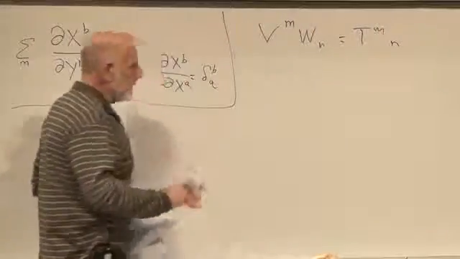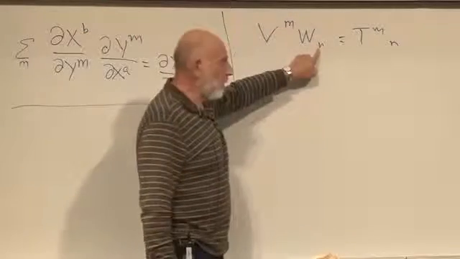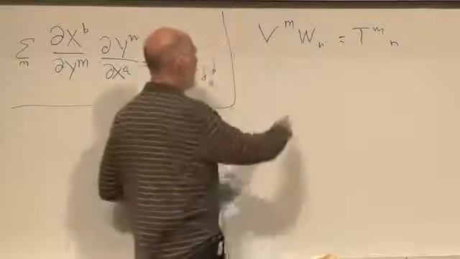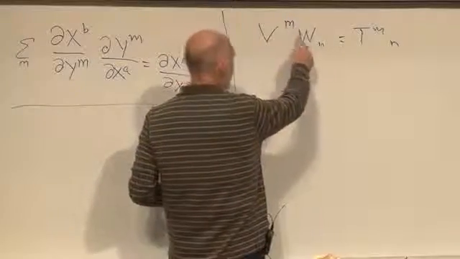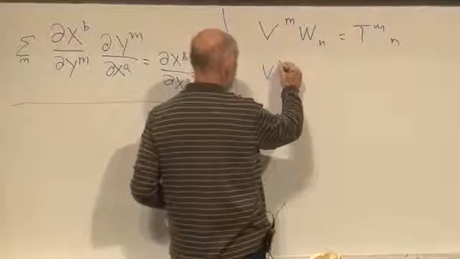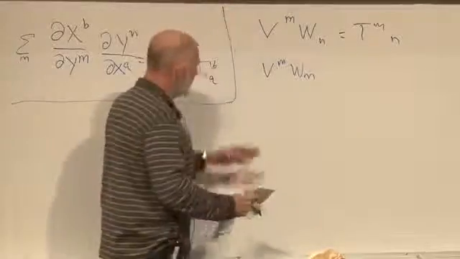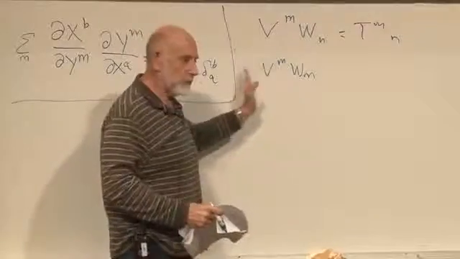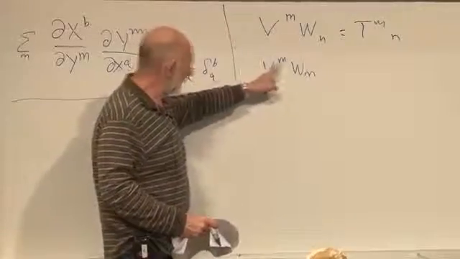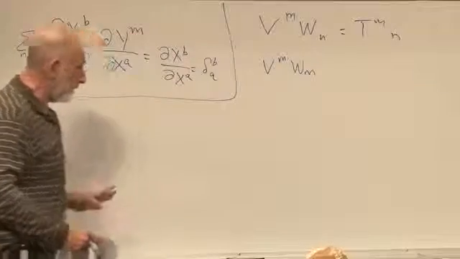Now what contraction means is take any upper index and any lower index, combine them together, identify them, and set the numbers equal to each other. In other words, take V^M W_M. This means V^1 W_1 plus V^2 W_2 plus V^3 W_3 and so forth. You've identified an upper index with a lower index.